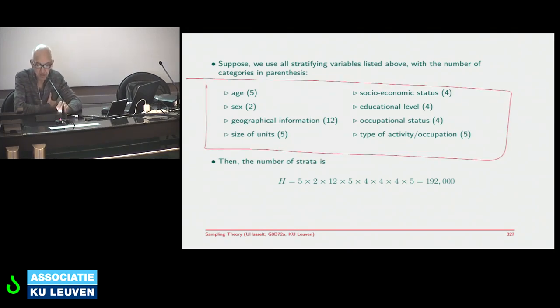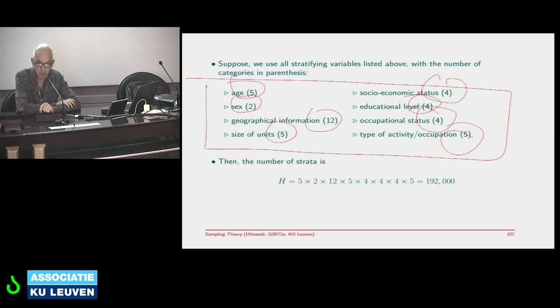And let's for a moment not think and say, okay, we divide the population in 5 age strata of 10, 15, 20 years, 2 sexes, 12 geographical entities, 5 different sizes of units, households of 1, 2, 3, 4 persons, 5 or more people. Socioeconomic status, let's say 4 levels, education, 4 levels, occupational level, 4, and then type of activity of education, 5.